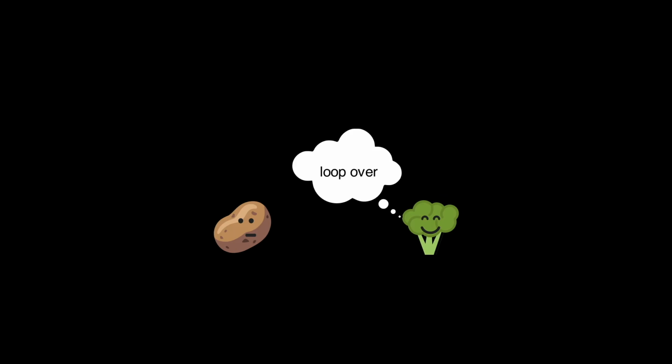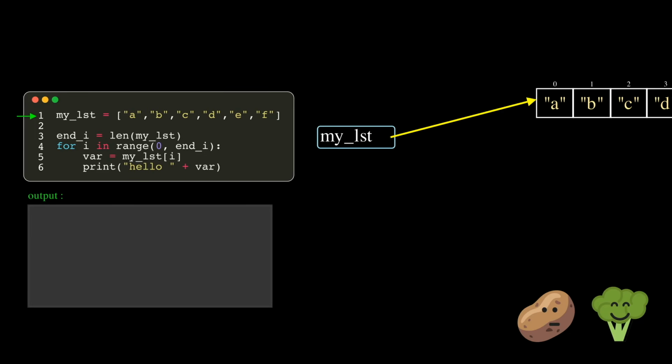So, what exactly can we do with this range object? A sequence of numbers doesn't seem any useful at all. We can use the range to indirectly loop over another Python list. For the range object, the start index is 0, and the end index equals the length of the list.